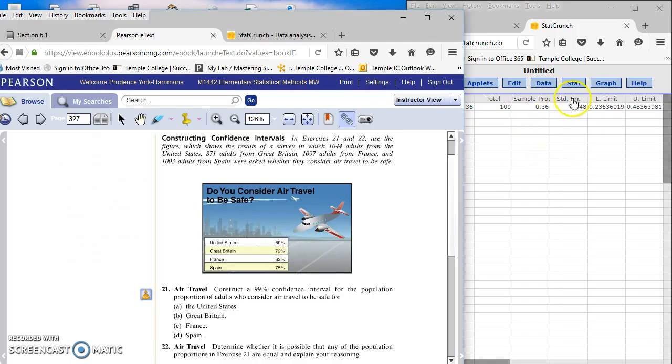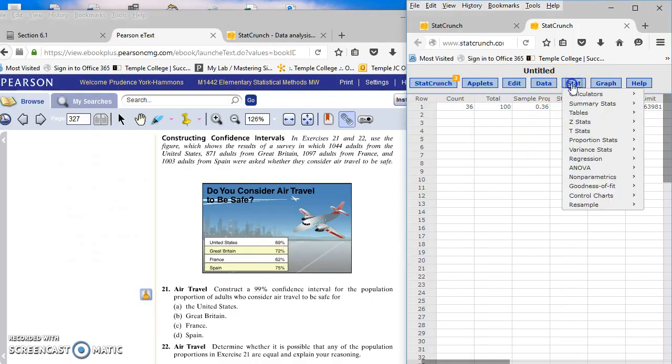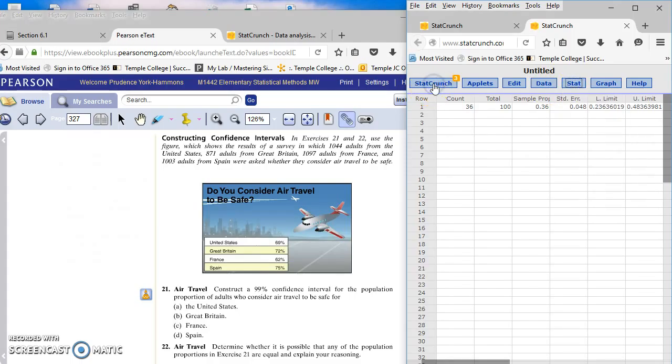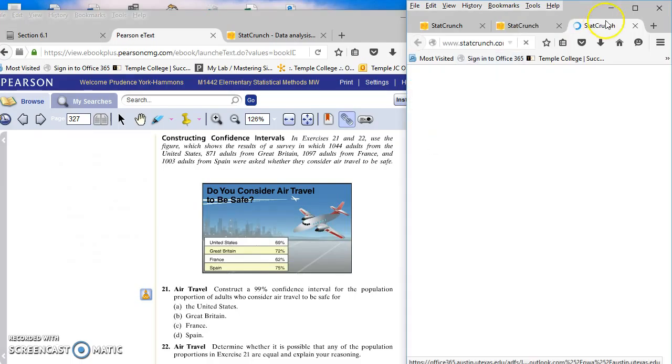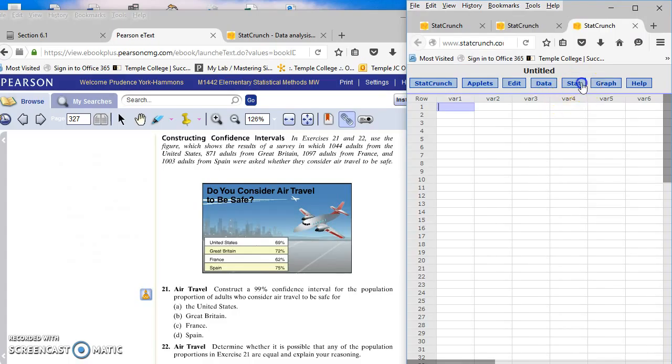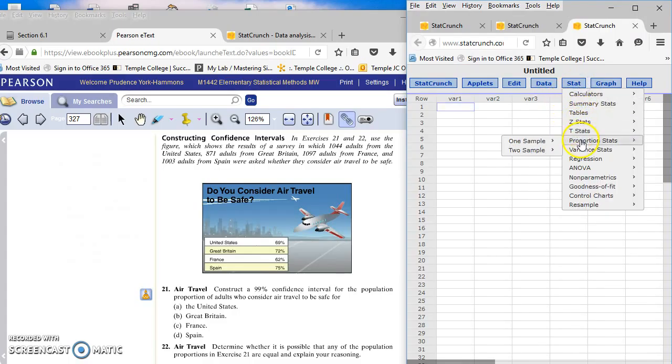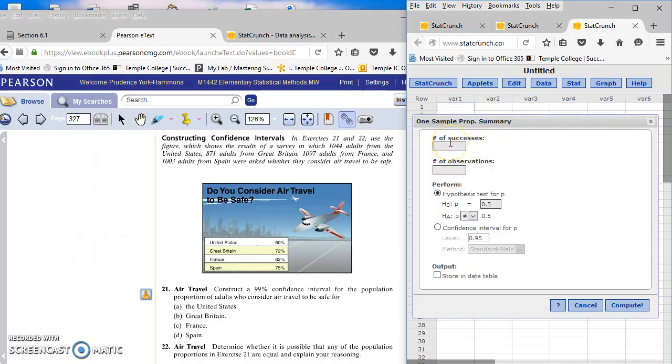Now, if we go to StatCrunch, let me open a new table. If we go to StatCrunch and we do Proportion Stats, One Sample with Summary, I have to have the number of successes over the number of observations. For the United States, I know that they surveyed 1,044 adults, but 69% said yes.